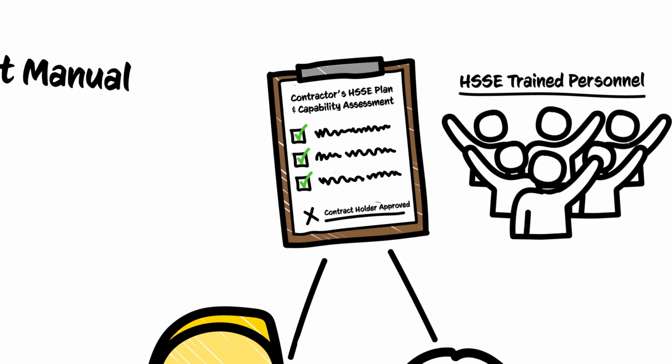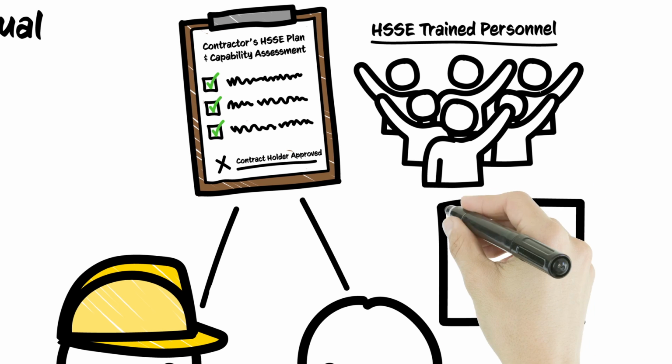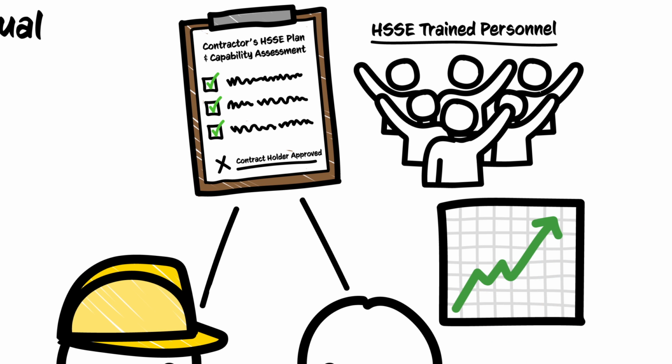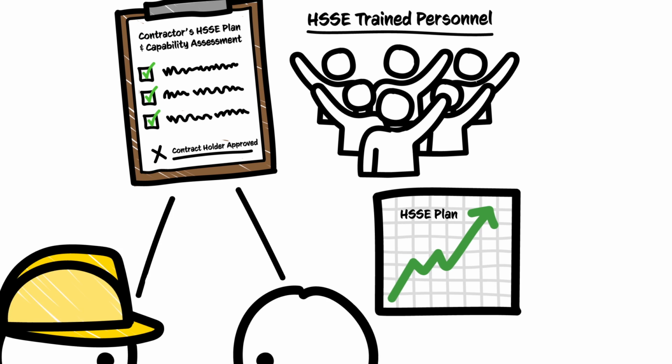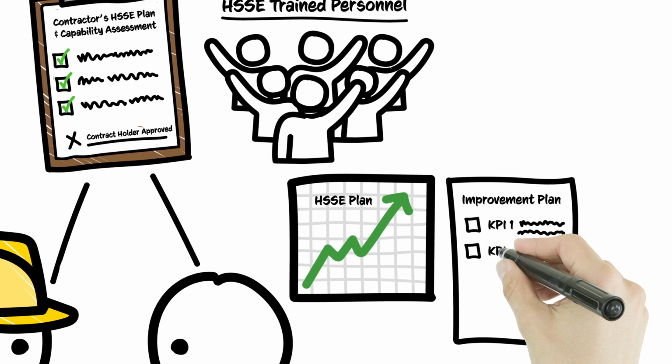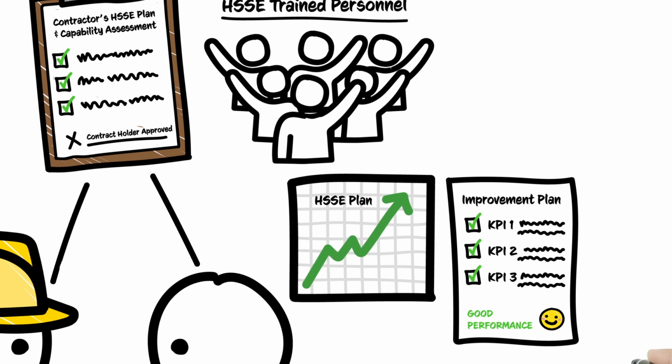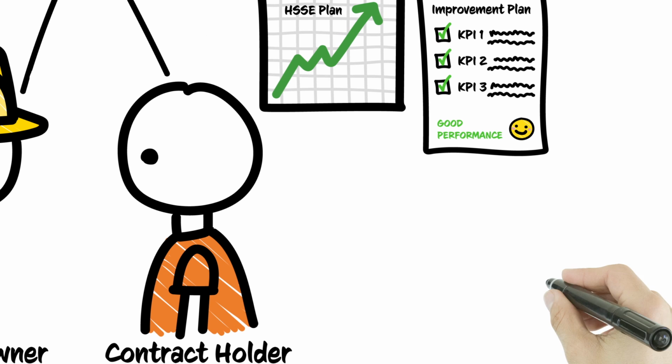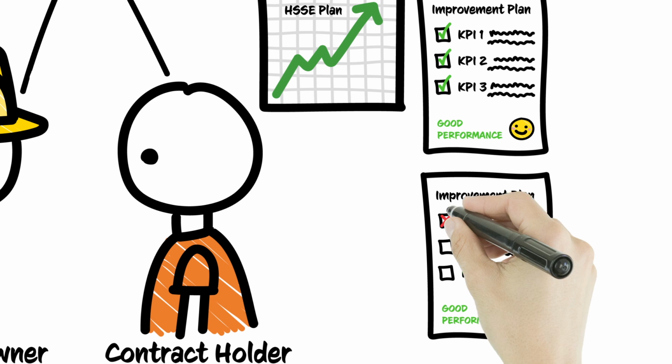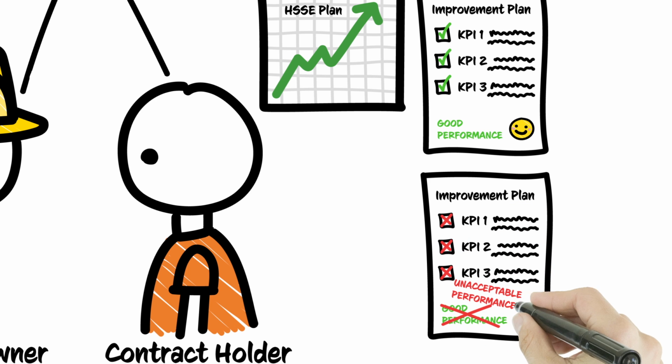The contract holder must also verify that the HSSE requirements of the contract and HSSE plan are being implemented and are effective at managing the HSSE risk of the contract. They should regularly assess the HSSE performance and management of subcontractors. This includes improvement plans if KPIs are not met. Also, the contract holder must recognize good HSSE performance and apply consequence management to contractors that show unacceptable performance.